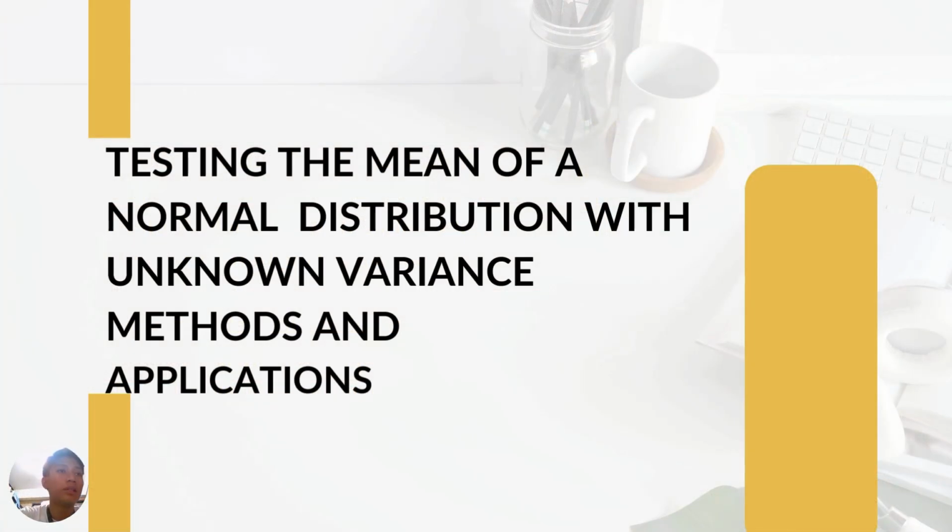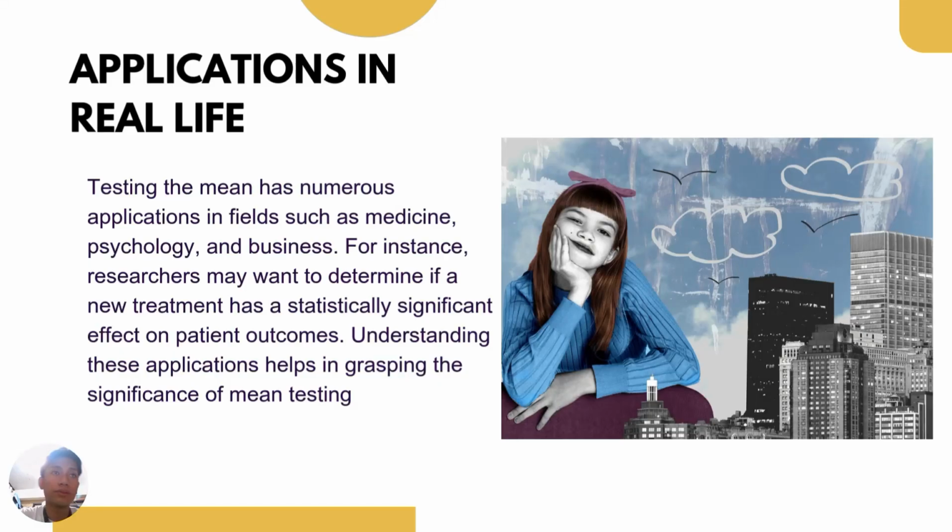So this is a report on testing the mean of a normal distribution with unknown variance: methods and applications. First is applications in real life. Testing the mean has numerous applications in fields such as medicine, psychology, and business. For instance, researchers may want to determine if a new treatment has a statistically significant effect on patient outcomes.